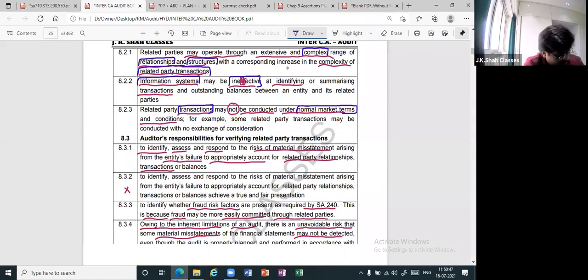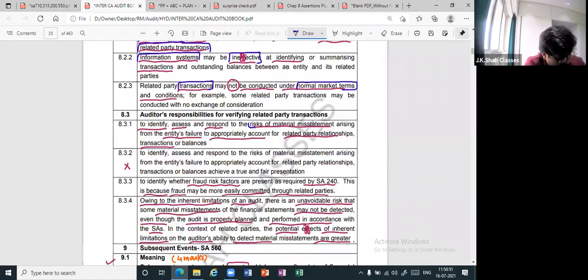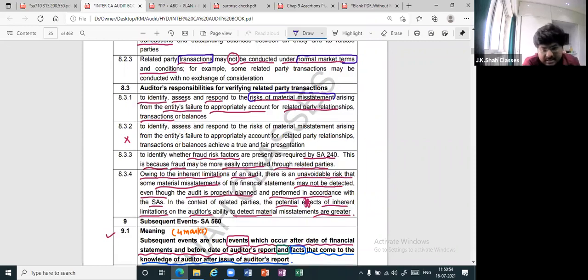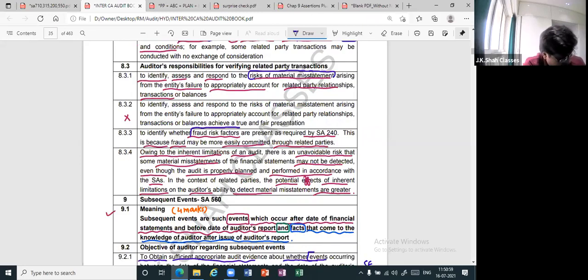Thereafter, auditor's responsibility to identify and assess ROMM. This is always there. Thereafter, the second point is the same thing only. Thereafter, identified fraud risk factors, which we have done in SA 240. Fraud risk factors we had done, no? Incentive, pressure, opportunity, and the last one was attitude or rationalization.